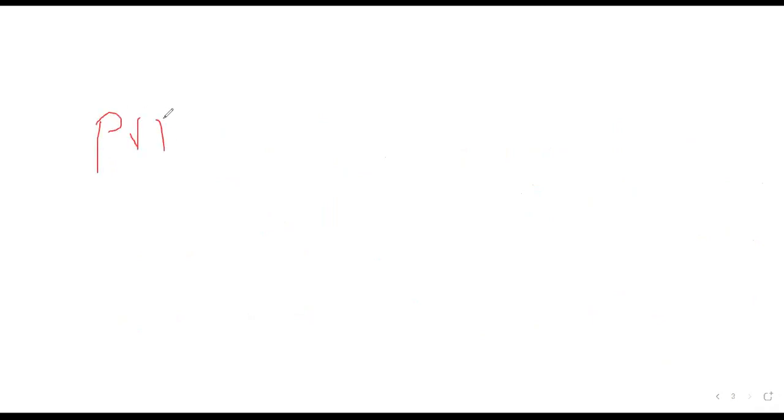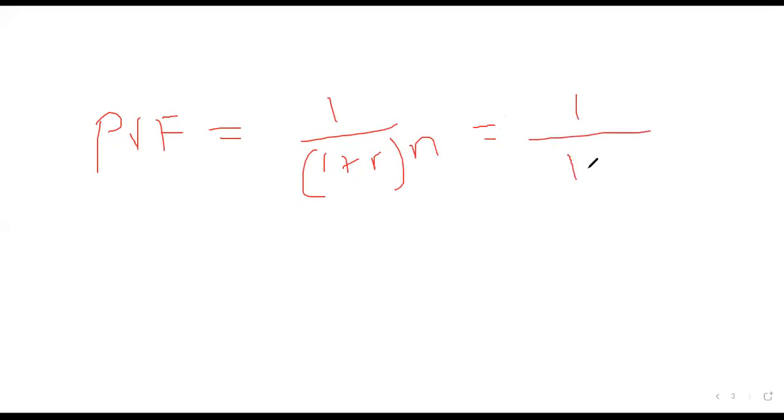The interest factor is found by simply 1 plus R to the power n. Since this is 10%, we don't use the coupon interest rate, we use the market interest rate. So 1 plus R, 10% is 0.10. And how many years do we have? 5 years. So 1 plus 0.1 to the power 5.